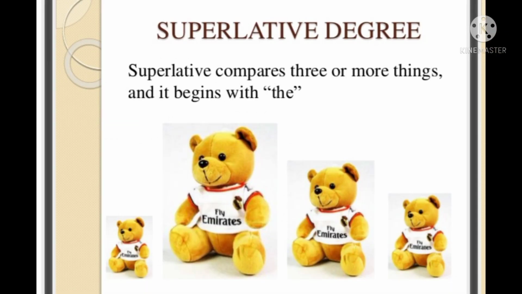The third degree of comparison is superlative degree. If there are three or more things or people or places that we are comparing, we use superlative degree. Before the superlative degree of an adjective, we use the.